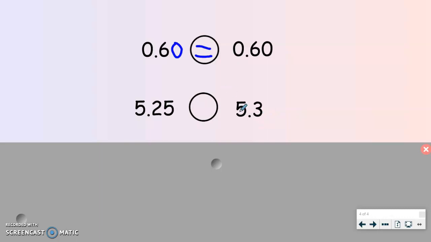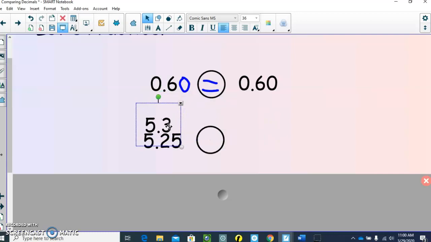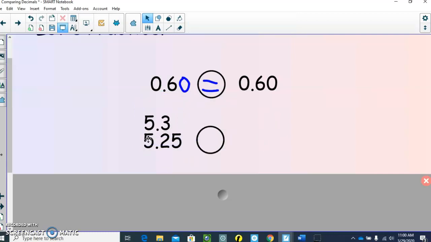Okay, so a couple options here. Like I said, if you wanted to draw models, you could, or actually what I'm going to do is take this number here and just stack it real fast on top of this other number. And you can see my whole numbers are the same, my decimals are lined up. And then when I come here, okay, I have a 3 in the tenths place versus a 2 in the tenths place.